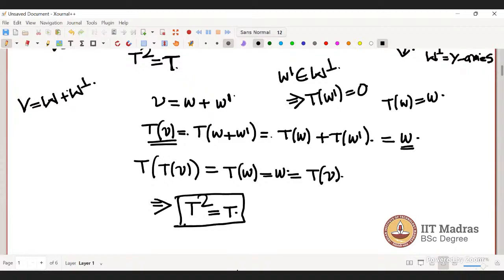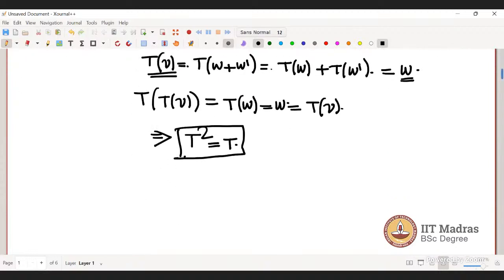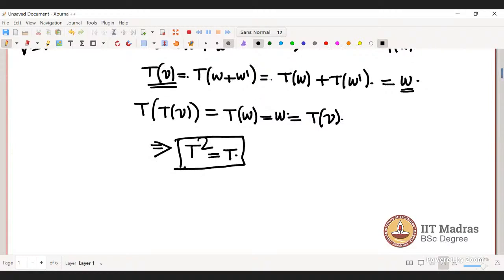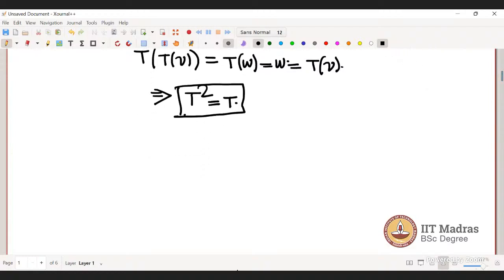So if you take a basis of W, for example, say 1, 0, the dimension of W is 1, for the x-axis. Yeah, I'll come to some particular example. So say dimension of W is 2, and dimension of W perp is also 2. Let's say.